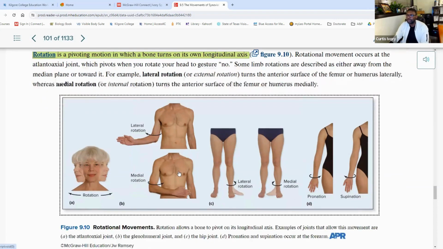Pronation and supination. How I always have to remember this is if I'm laying face flat, I am prone to getting walked on top of. If I'm laying flat on my face on the floor, I'm prone for someone to walk on top of me. So prone is face down.